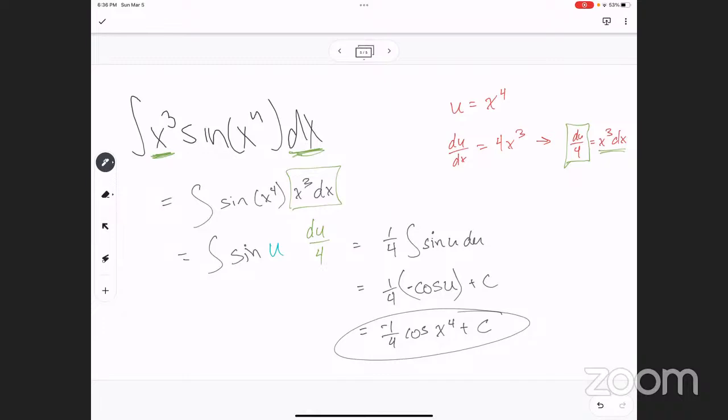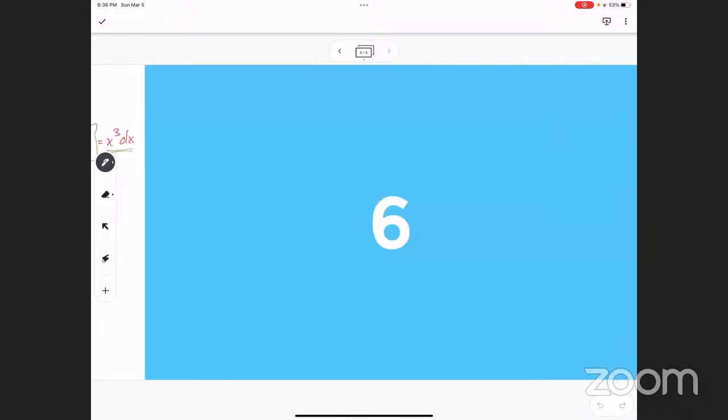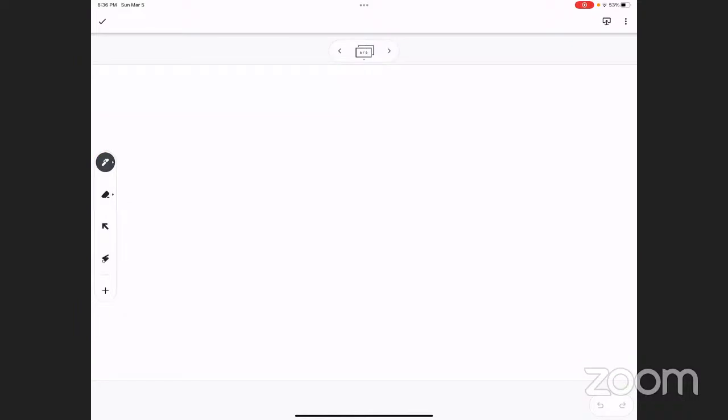Okay. Make sense? Yeah. You have another one you want to tell me and I'll write it out? Yeah, integral of x cubed divided by 1 plus x to the 4th power squared dx. So did I write it right? Yes.